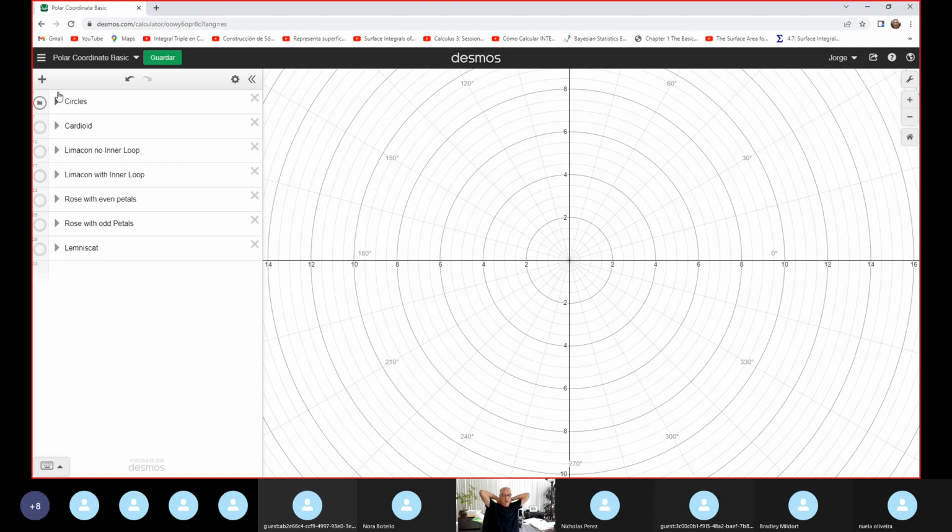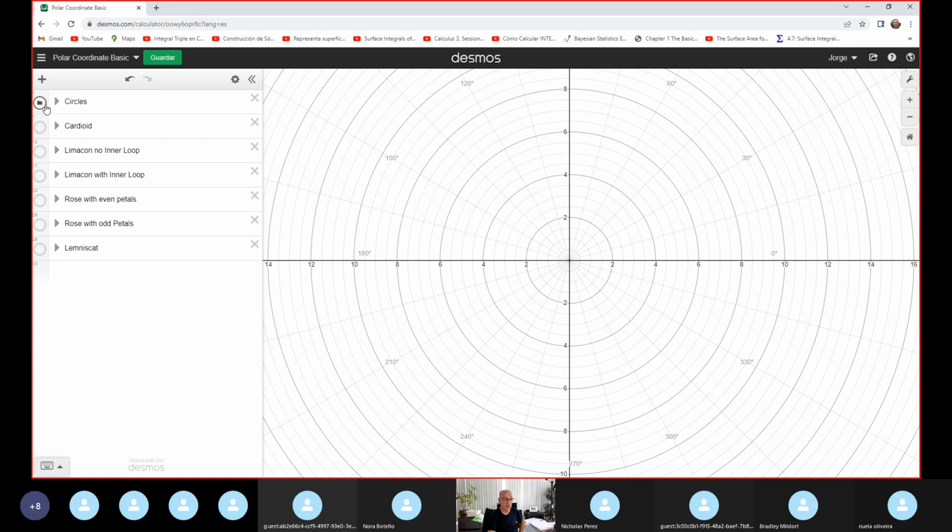Now another figure. Wow. You see, it's amazing. I like it so much because it's an amazing figure. Look, cardioid. Cardioid is like a heart. In Spanish too, it looks a little bit like a heart.